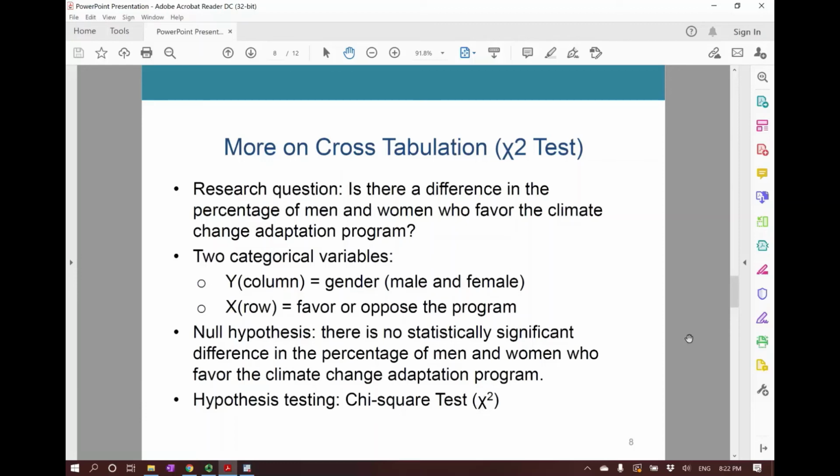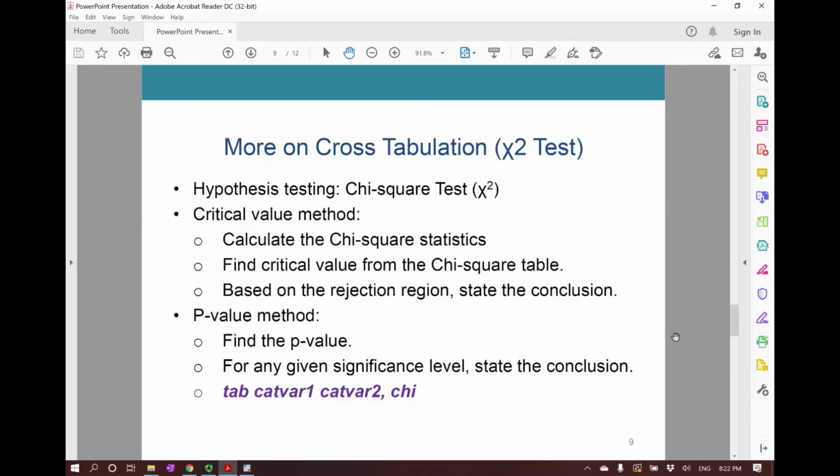Okay? Although this is a different type of hypothesis testing, the key steps or the methods for hypothesis testing are exactly the same. You could do a critical value method, which is to calculate a chi-square statistic. Remember, we are examining categorical variables. Therefore, those variables will not have a normal distribution. Instead, they have a chi-square distribution, which I will not talk about in depth.